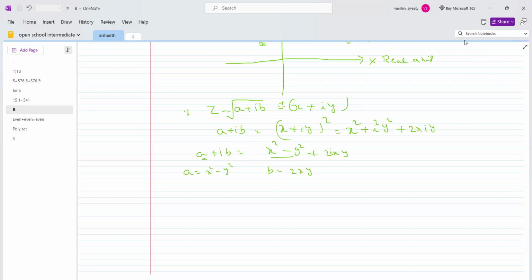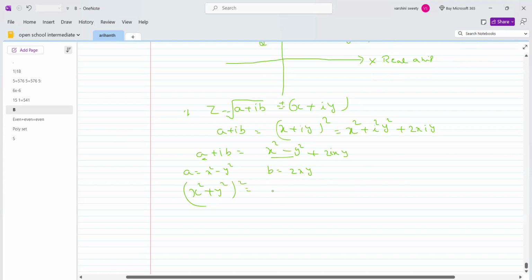We have a formula, a plus b whole square equals a minus b whole square plus 4ab.